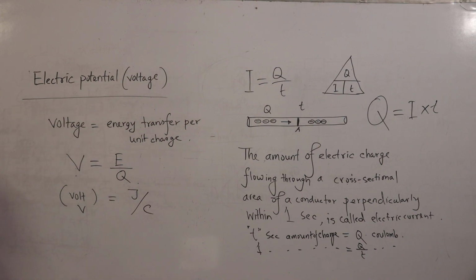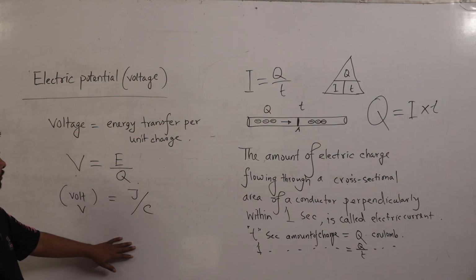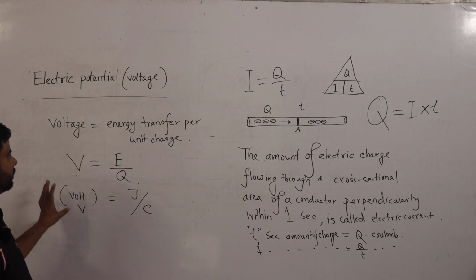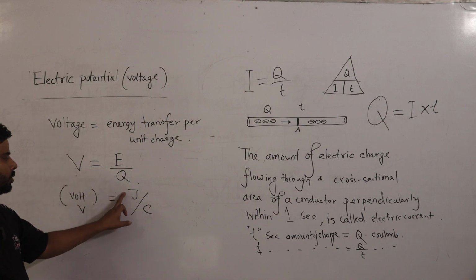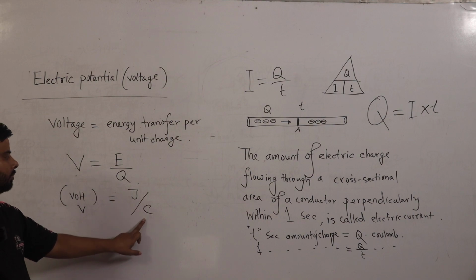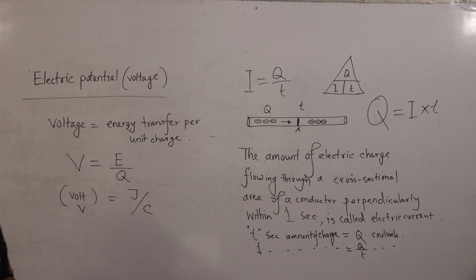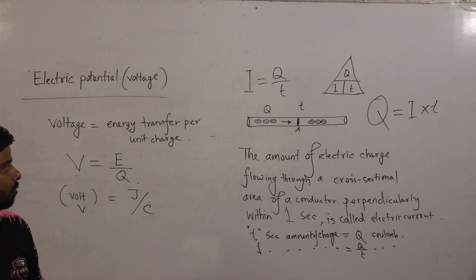So 1 volt equals 1 joule per coulomb. If 1 joule of energy is carried by 1 coulomb of charge, then that voltage is called 1 volt.